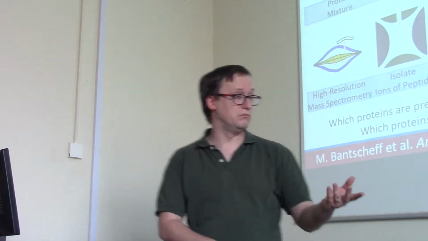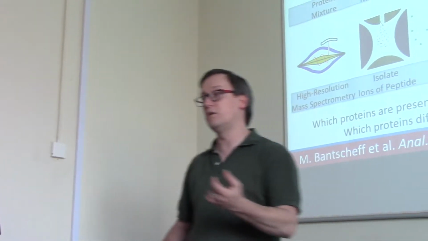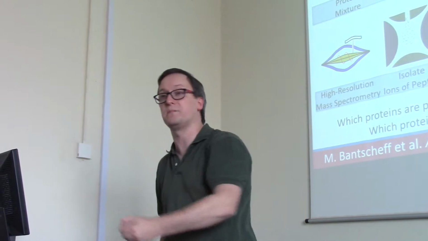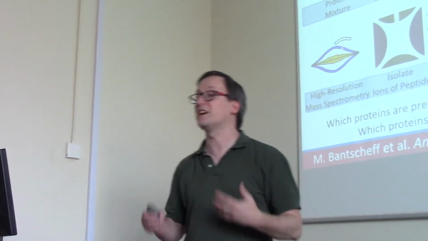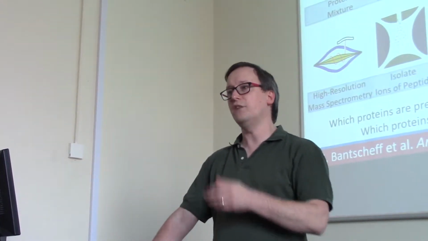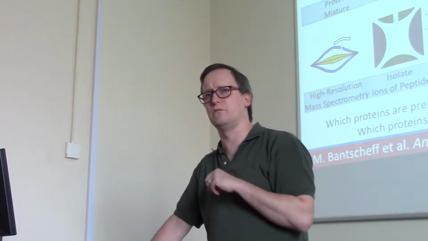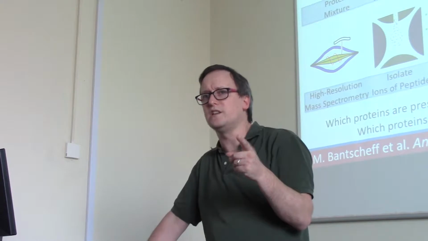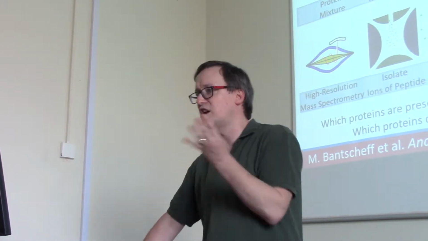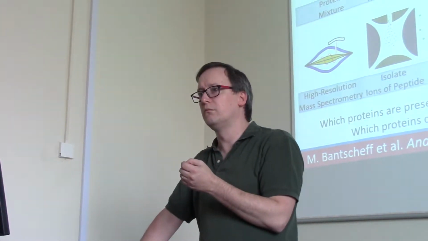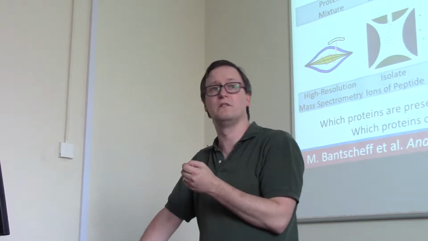Maybe it's a cell culture. Maybe it's an immunoprecipitation of a protein. There are lots of different kinds of samples. But if I'm starting with something like a cell line, how many proteins would you imagine are there? Is it 100? Is it 1,000? Is it 10,000? Is it 100,000? Anyone want to give me an order of magnitude?